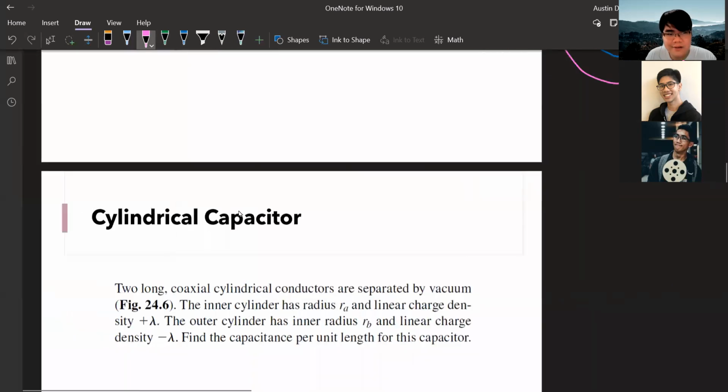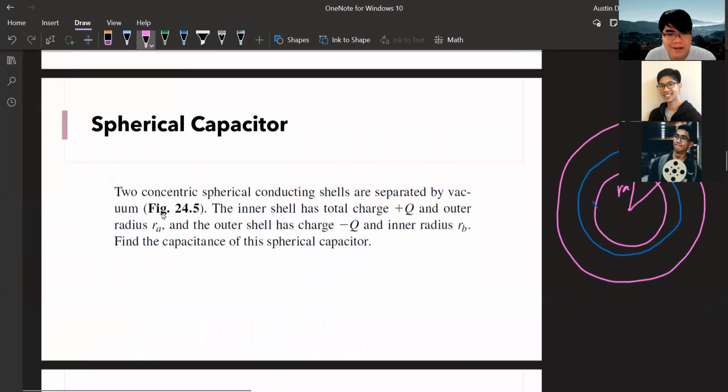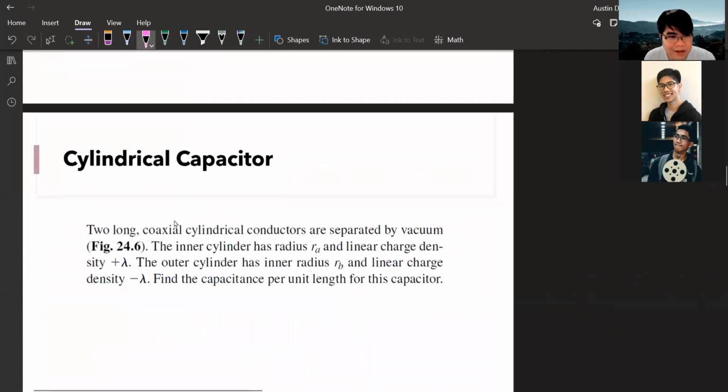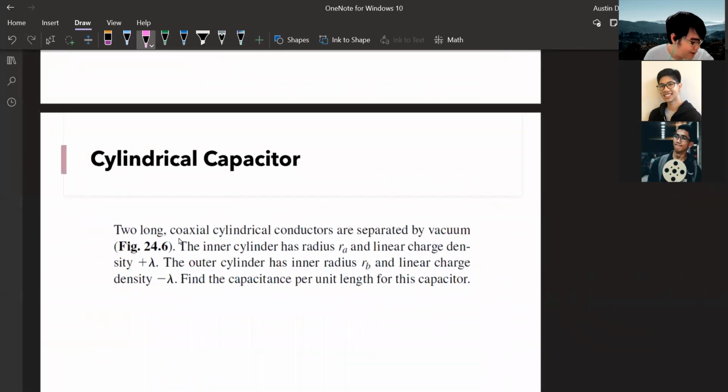Okay. So that's for your spherical capacitor. Now we have another one, the cylindrical capacitor. Meron ka ngayon coaxial cylindrical conductors. May cylinder ka sa loob with radius RA and linear charge density plus lambda.